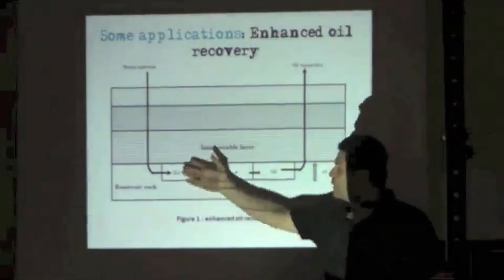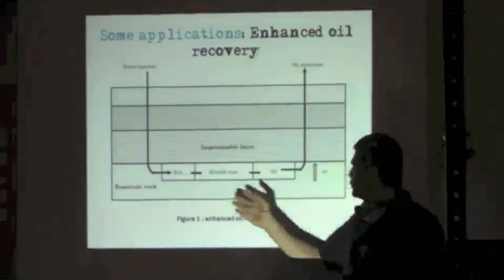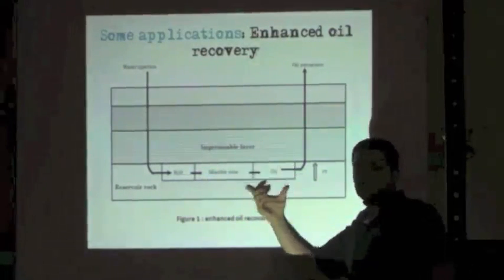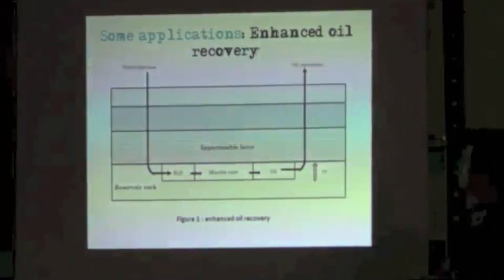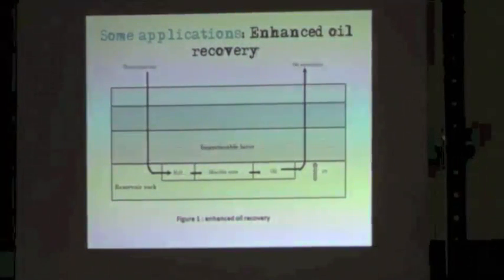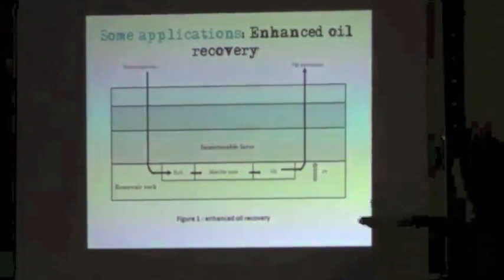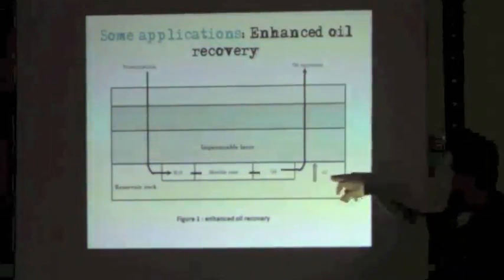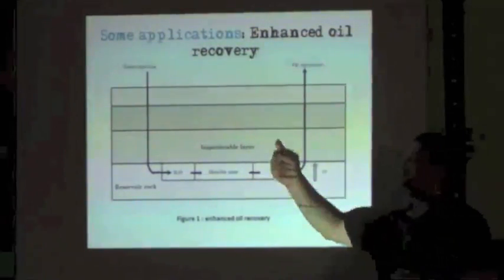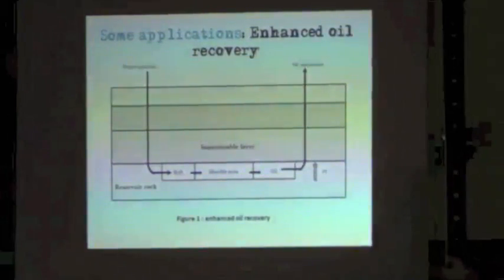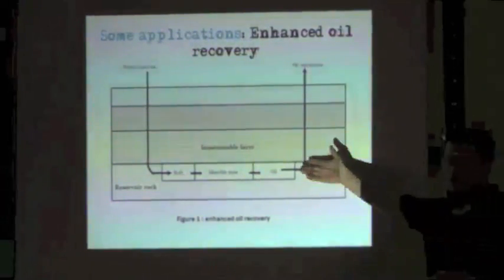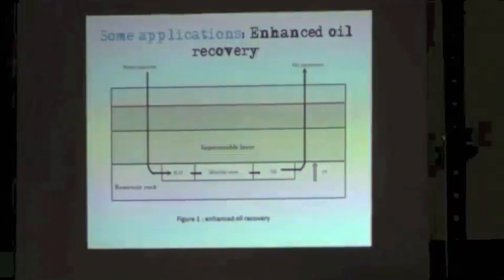So we have an injection zone, a miscible zone, and here the object of study, the reservoir of oil of hydrocarbons. Here we have a horizontal gradient of pressure, a vertical gradient of temperature, and a mixture of hydrocarbons.